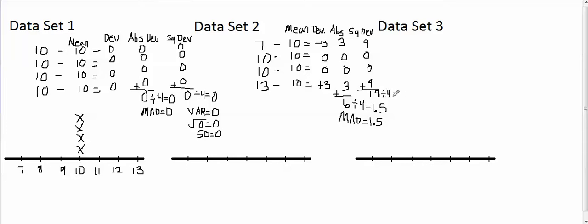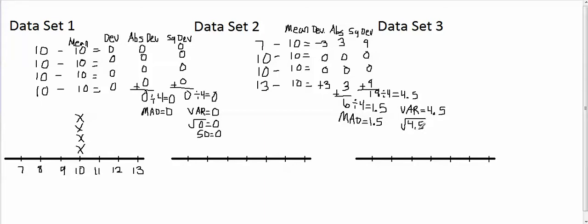The mean of the squared deviations is 4.5, and the mean of the squared deviations is called the variance of the data. You can label it like this. The standard deviation is just the square root of the variance.